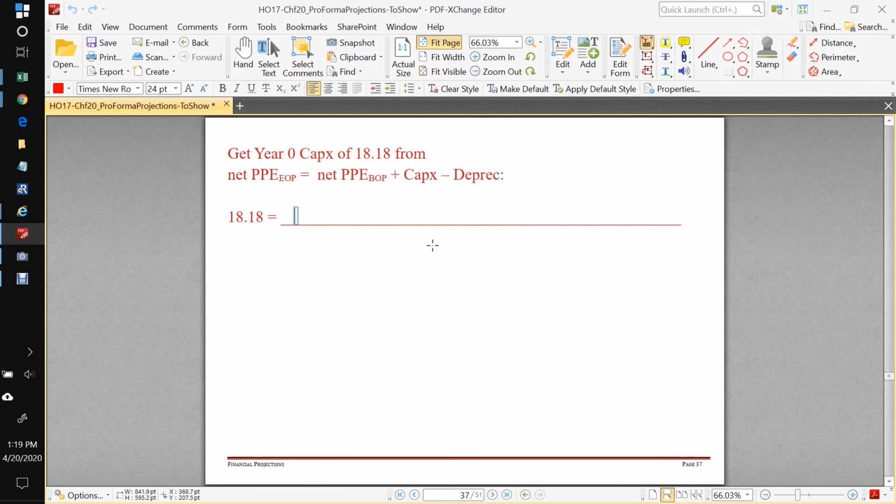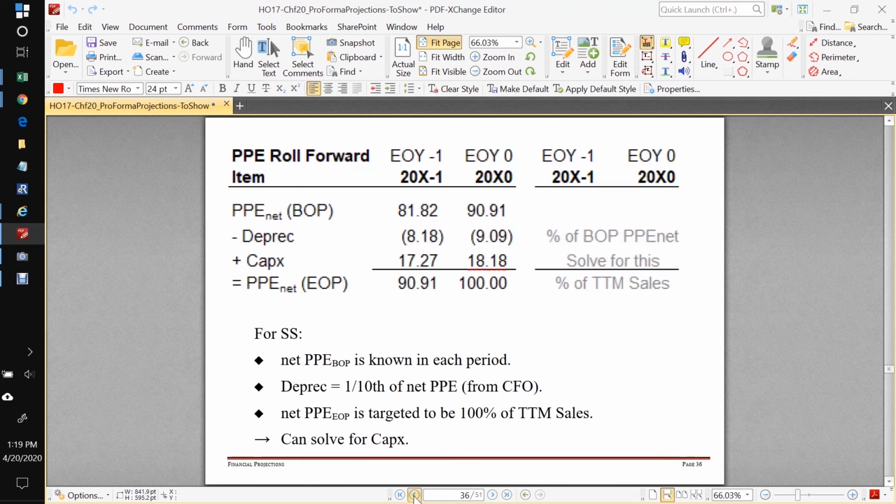So the net PPE at the beginning of the year, let me just put the whole thing here, 18.18 is equal to our 100 minus 90.91 and plus 9.09. And that gives us our 18.18, solving that for CapEx.